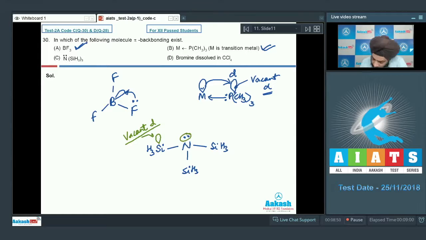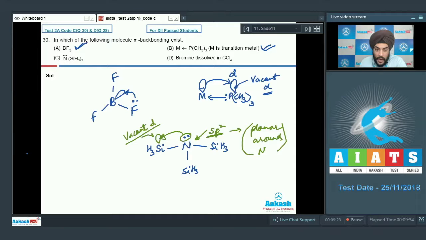So nitrogen will donate its lone pair of electrons to the vacant d orbitals of silicon. So the nitrogen becomes sp2 hybridized, and the geometry which was expected to be tetrahedral is now planar around nitrogen. So the molecule given in option C also shows back bonding.